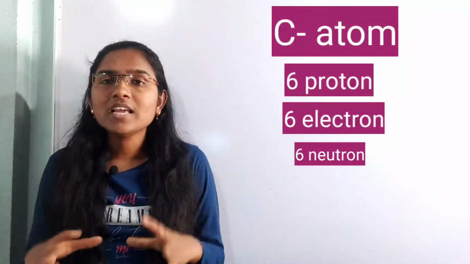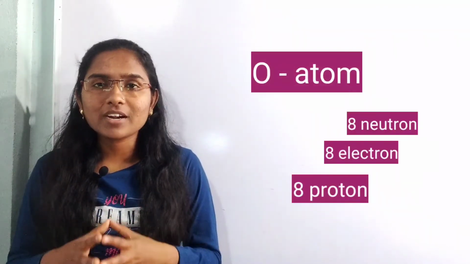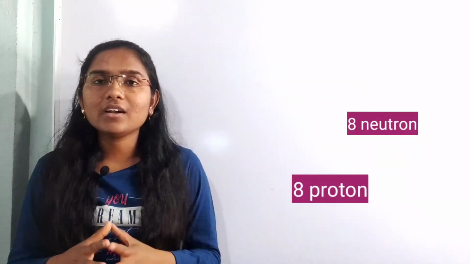So for example, a carbon atom contains 6 protons, 6 electrons and 6 neutrons. These all combine together to form one carbon atom. Secondly, an oxygen atom contains 8 protons, 8 electrons and 8 neutrons, which all combine together to form an oxygen atom.